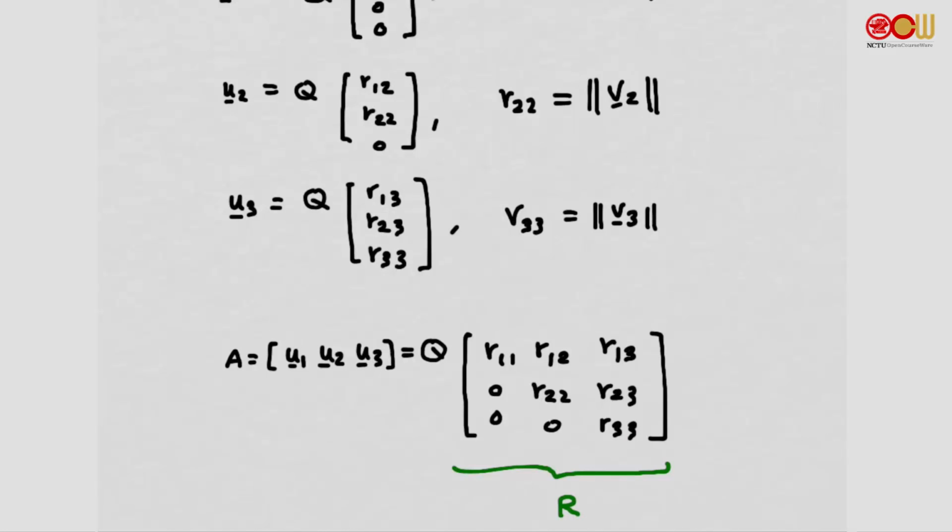Now putting all these together, we have A equal to Q times the matrix with r11, 0, 0, r12, r22, 0, and r13, r23, r33 as columns.